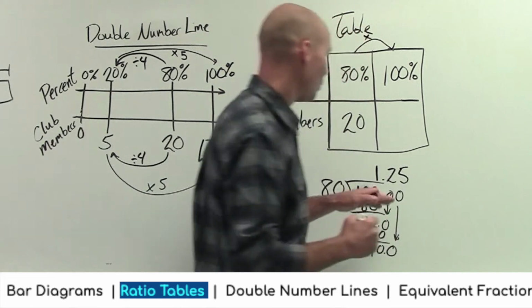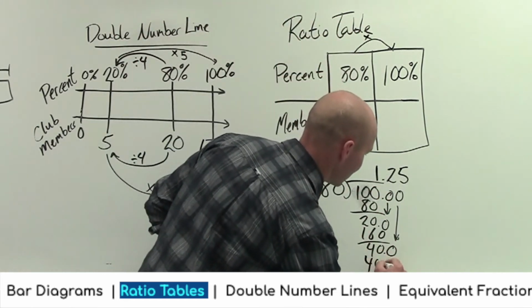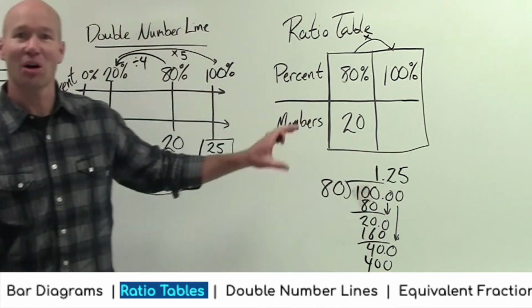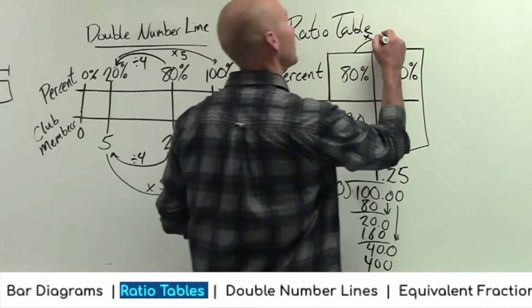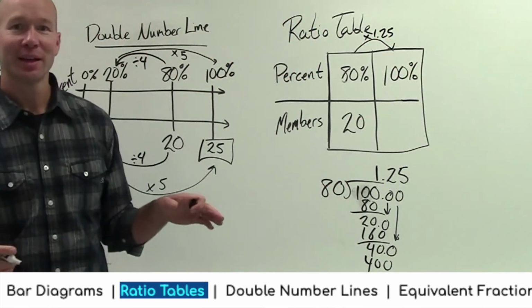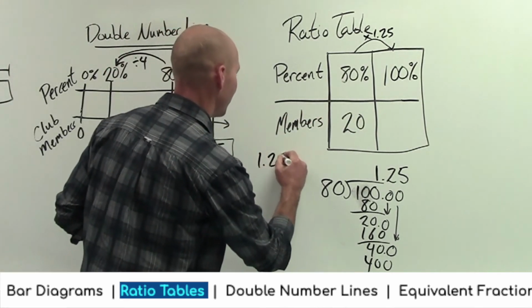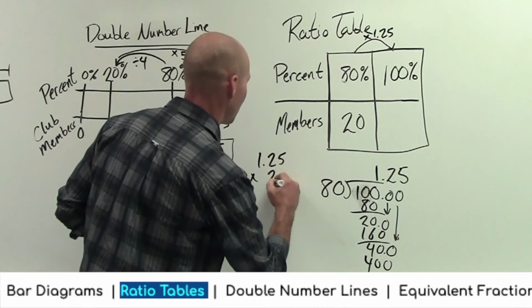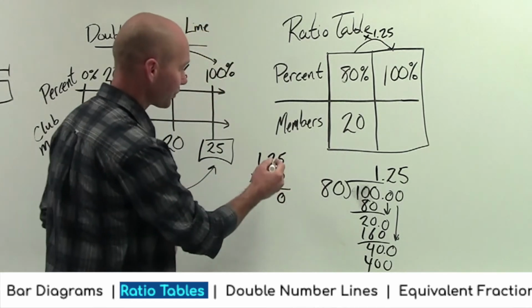So I have 1.25, because 400 is all that I have left over. So 1.25, 80 times 1.25 equals 100. Therefore 20 times 1.25.